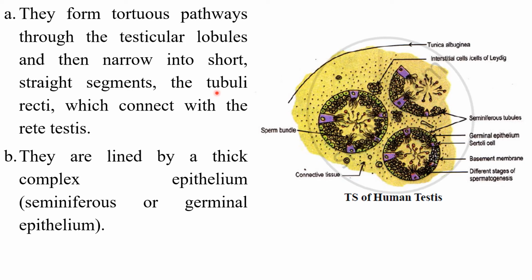They are lined by a thick complex epithelium, the seminiferous or germinal epithelium. So you can see here the structure is completely lined by a thick complex epithelium, which is called germinal epithelium or seminiferous epithelium.